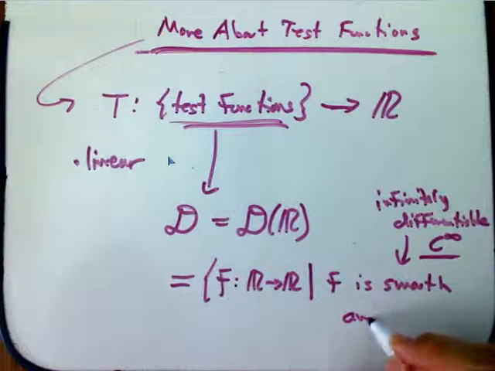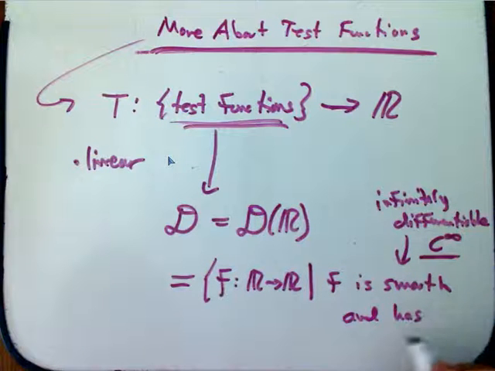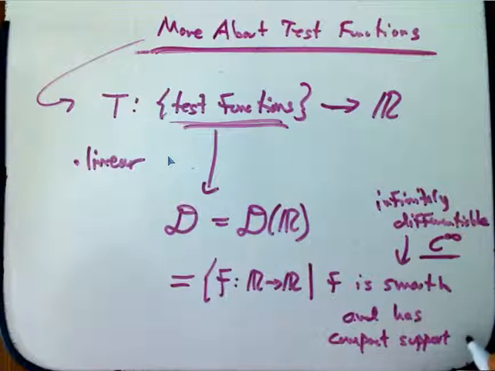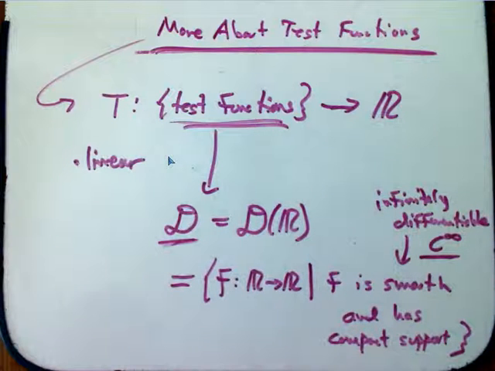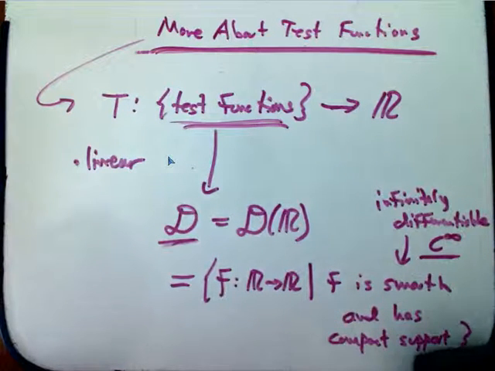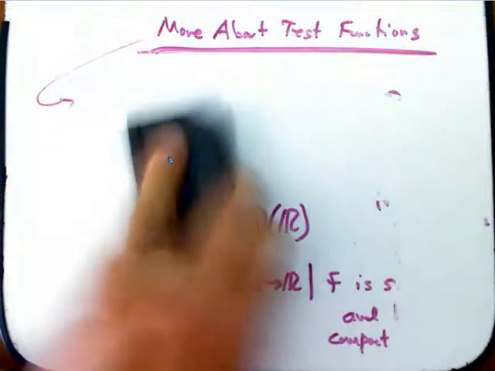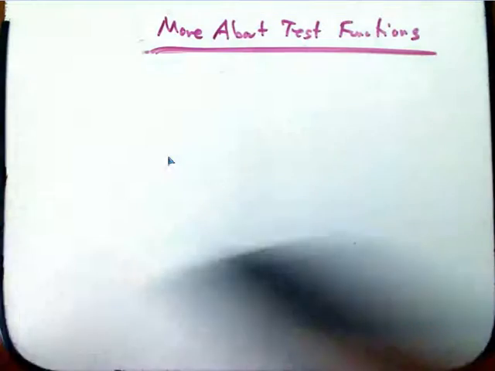And we also know it has to have compact support, because otherwise all these integrals that we were using to think about how to think of a function as a distribution, none of those are going to be guaranteed to converge. Okay, so that's what D is. It's smooth functions with compact support. But there's a huge issue there, which is that it's not at all trivial to verify that there's anything but the zero function in that set.